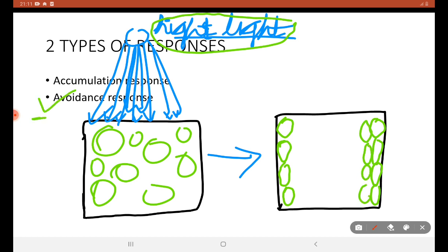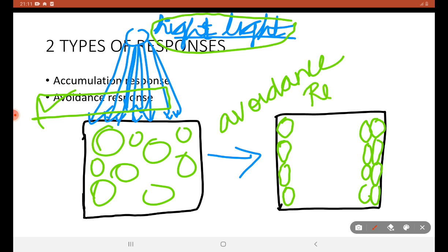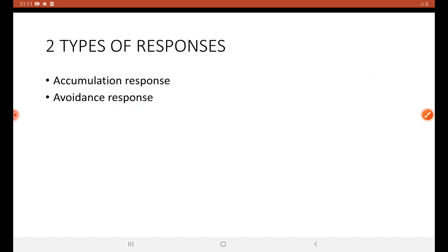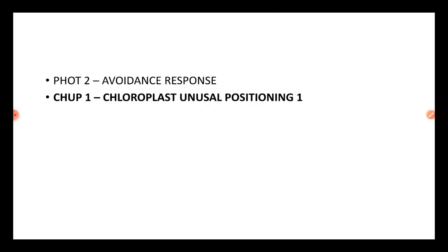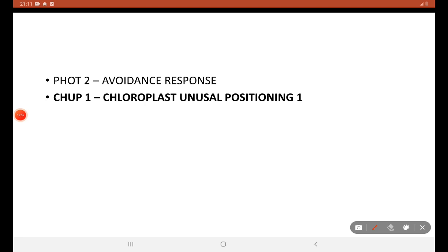This is called avoidance response. This condition is called avoidance response. So, Phot2 will undergo avoidance response.